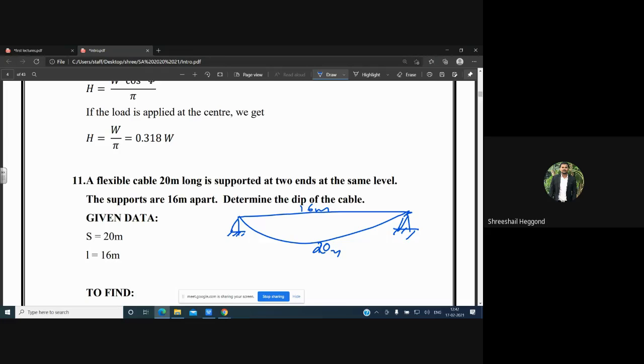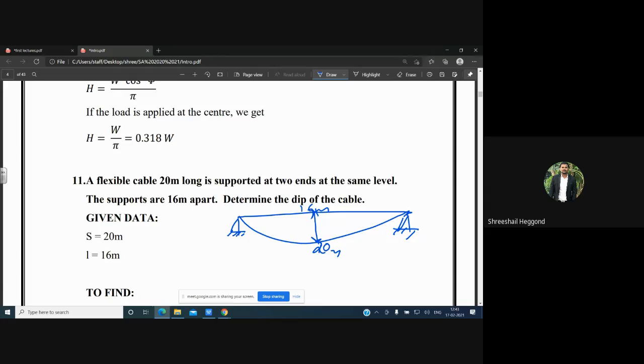For this, you need to find out the depth. Depth is nothing but the maximum level to which the cable connecting the two supports can fall down.